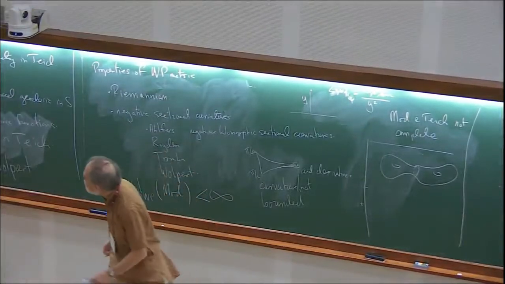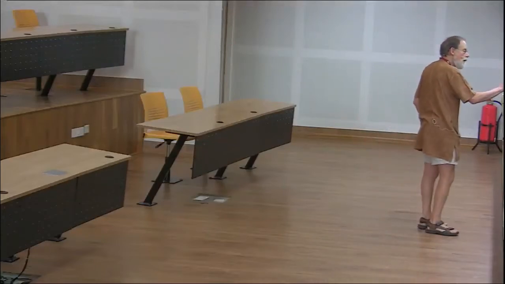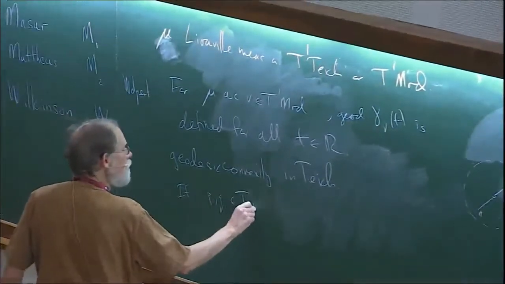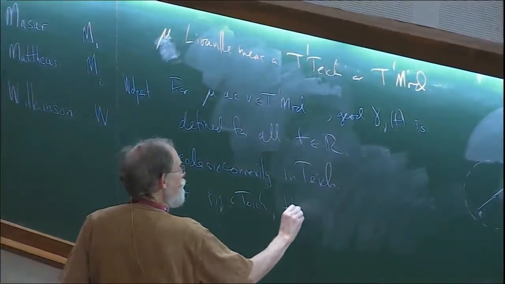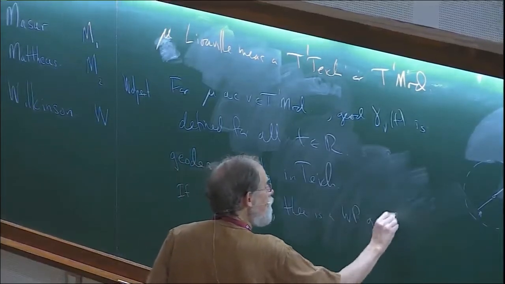But if I have 2 points inside Teichmüller space, so if P and Q are in Teichmüller space, there is a Weil-Petersson geodesic joining them.